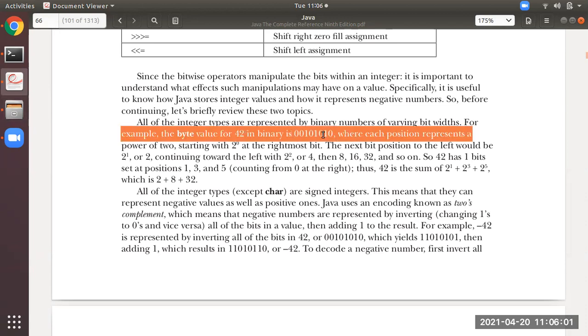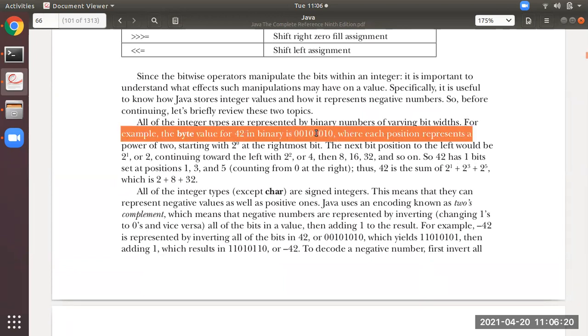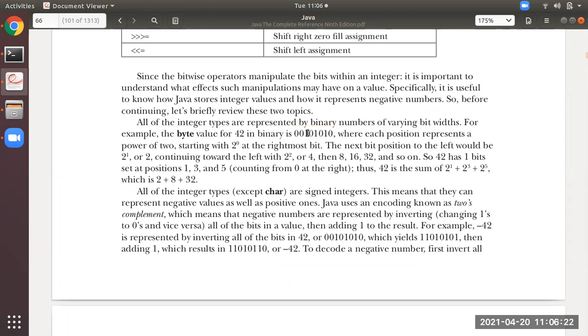From right hand side to left hand side, the bits are nothing but 2 power 0, 2 power 1, 2 power 2, 2 power 3, 2 power 4, 2 power 5, 2 power 6, 2 power 7. So wherever one is there, that 2 power will be selected. So over here, 2 power 1 is selected. Then 2 power 3 is selected. Then 2 power 5 is selected. So you perform the addition of that, that will be 42. So 42 in binary is represented in this way.